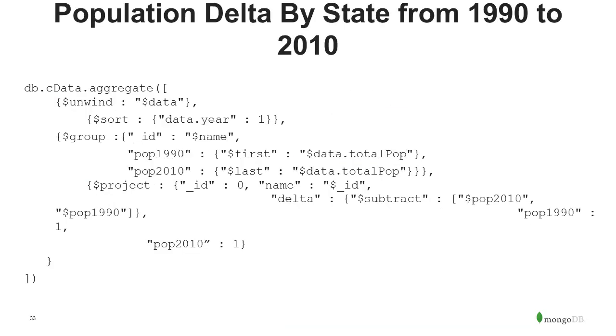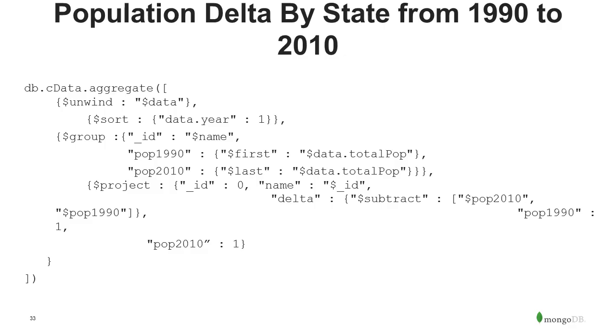And now this is actually a bit more complicated, as you can see. And I apologize, the spacing on the slide got a little off here, so it's a little bit trickier to read. But let's talk this through. Now, if we want to look at the population change, the delta by state from 1990 to 2010, this is one way to do it.